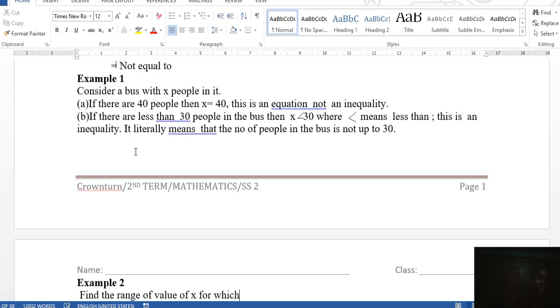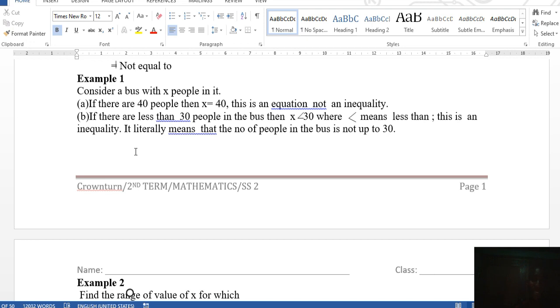Now let's look at this example. It said consider a bus with X people in it. For example, we can make use of the Goma bus, that green bus, and use that one as our case study.